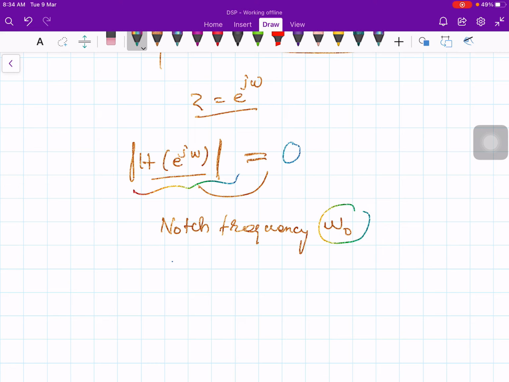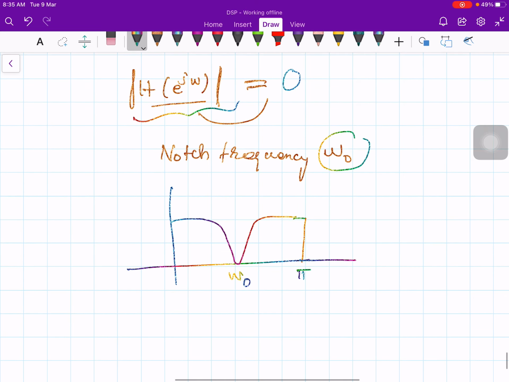So the characteristics would be like this. This is pi, this is the notch frequency omega naught, and this is 0. Here omega is equal to 0, here omega is equal to omega naught, the notch frequency, and at this point omega is equal to pi.